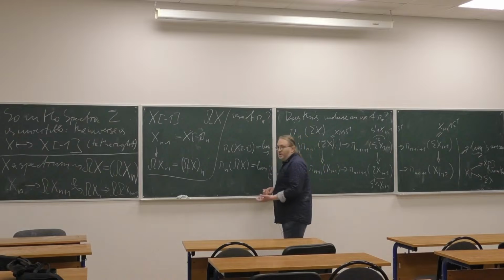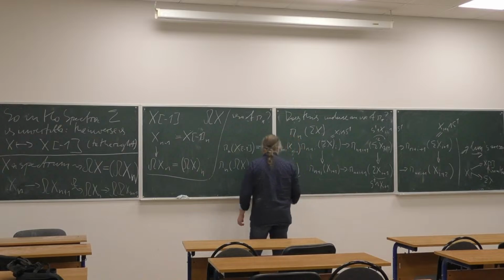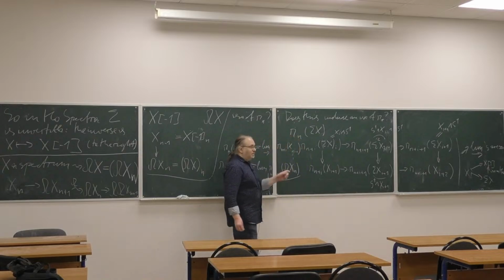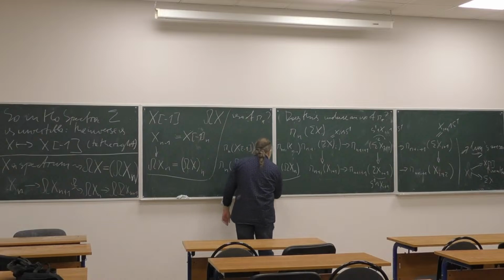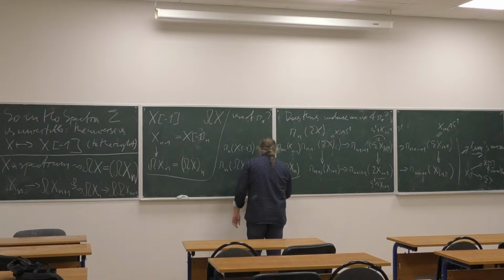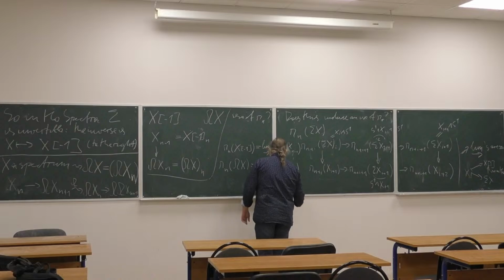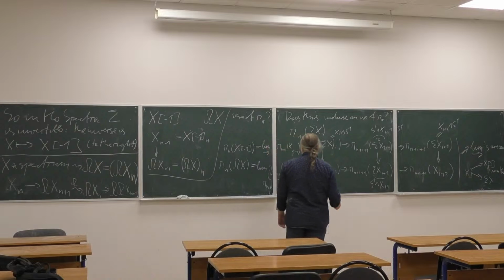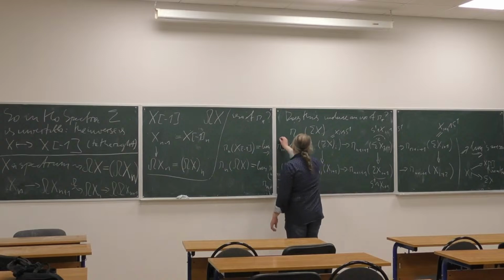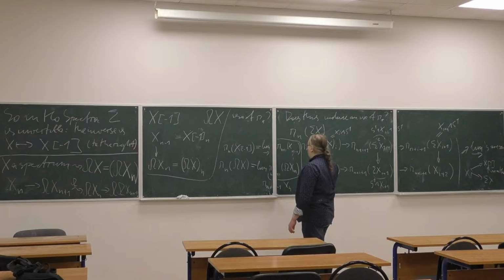Well, for spaces we know that putting omega just replaces pi n plus i minus 1 of x n.